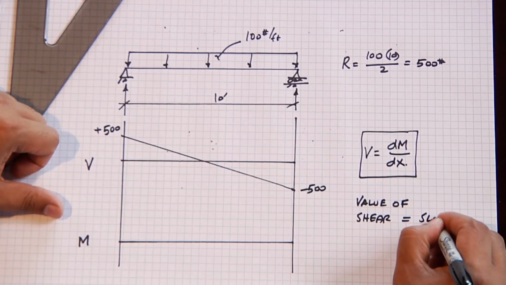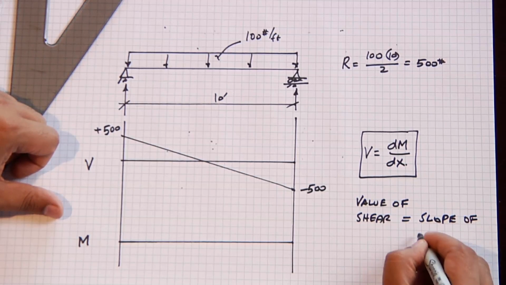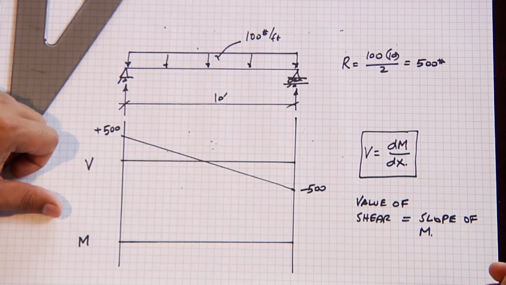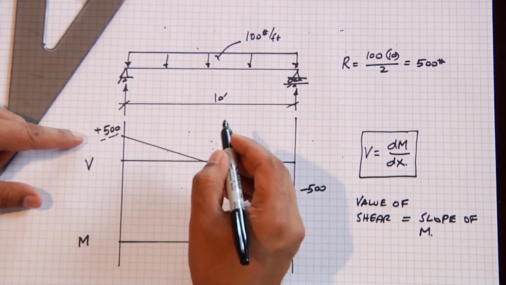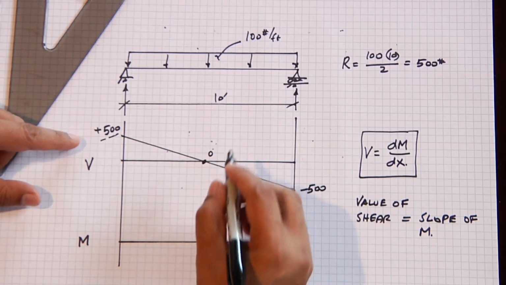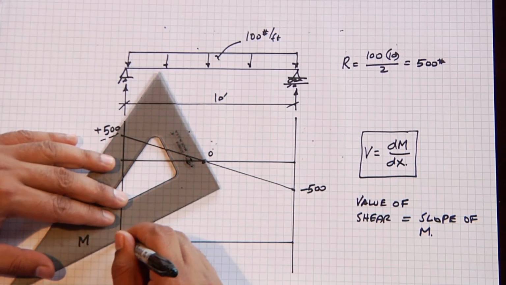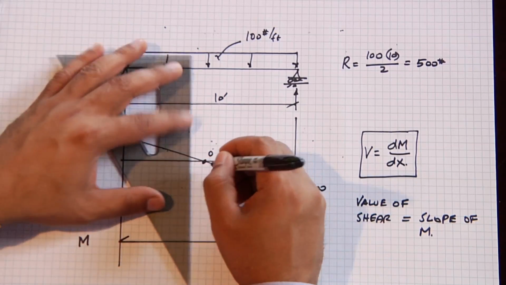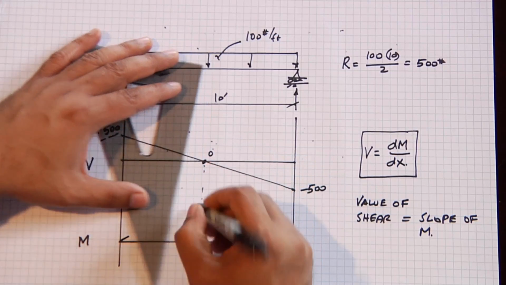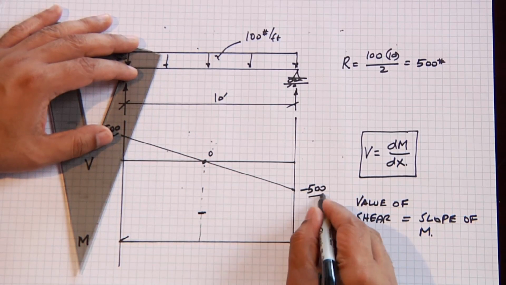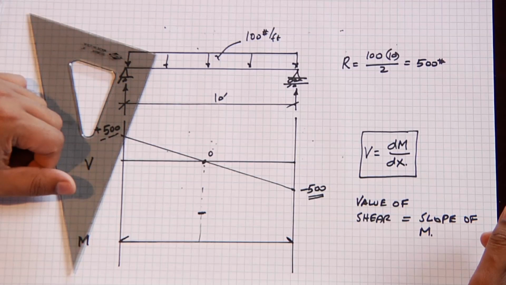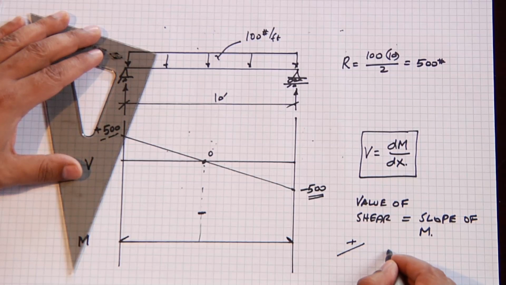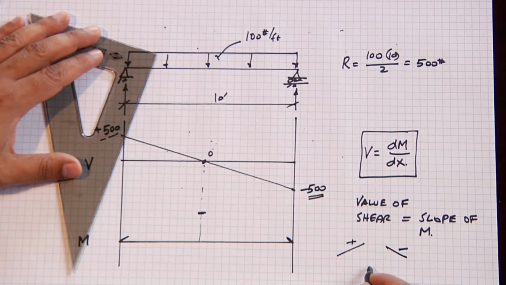So this value plus 500 and this value 0 tells us that the slope of our moment diagram here is very steep and the slope of our moment diagram at the center is 0. Here our value of shear is negative, which tells me that the slope of my moment diagram is negative. This is a positive slope, this is a negative slope. A 0 slope is flat.